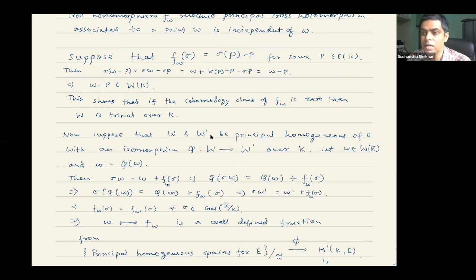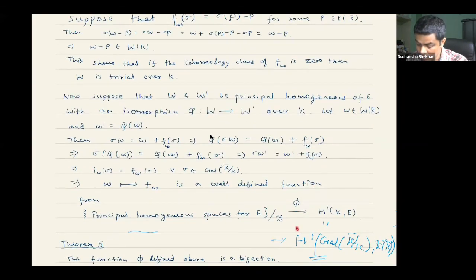That just means that this space W splits over the field K itself, so W is a trivial principal homogeneous space. Although there is no group structure on this a priori, it shows that the only things which go to the trivial element here are precisely the trivial principal homogeneous spaces.